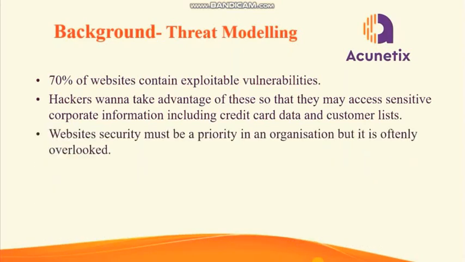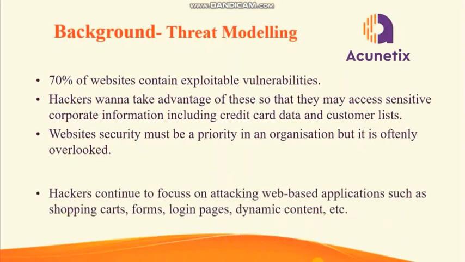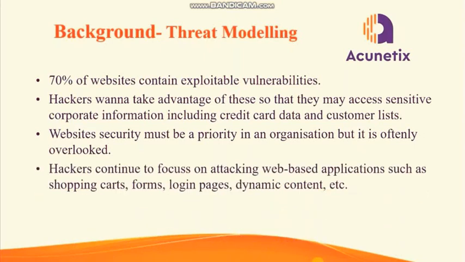Website security must be a priority in an organization, but it is often overlooked. This gives hackers an opportunity to continue focusing on attacking web-based applications such as shopping carts, forms, login pages, dynamic contents, etc.